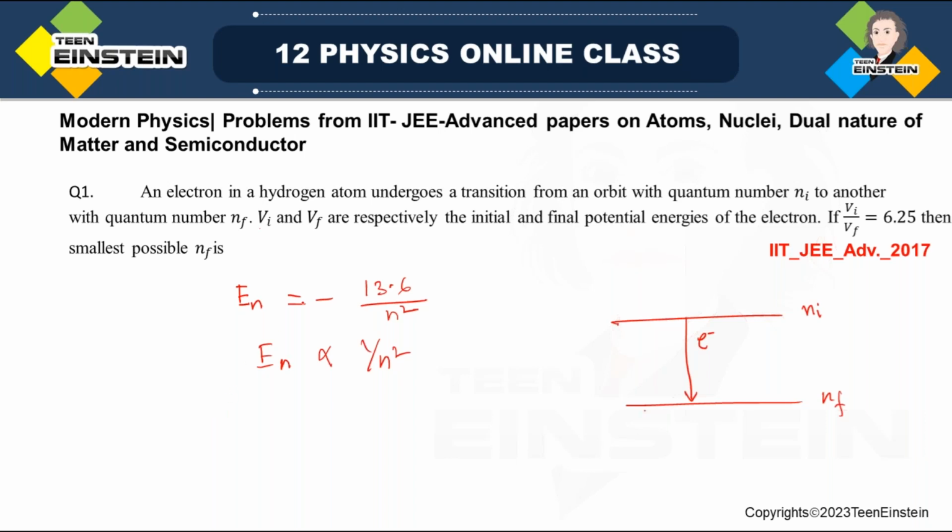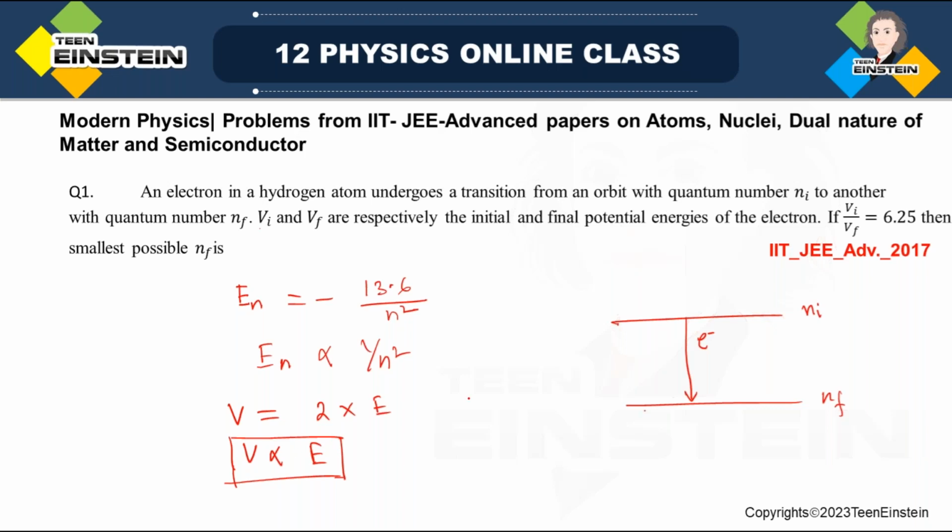And again we know that the potential energy V is twice that of the total energy. So can we say that V is directly proportional to E? Answer is yes. So kinetic energy and potential energy both have similar variation.